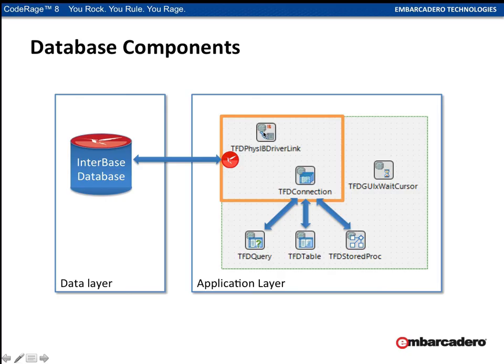Now, this is great because unlike DB Express, where you need to actually reference the driver that you want to use and then supply that driver with the application, here, by using this physical driver link, it's actually built into the application, so you're not dependent on external libraries to be shipped with the product. However, that doesn't stop you from needing the drivers installed on the machine, but you don't need a physical database layer driver to talk to the local database technology.